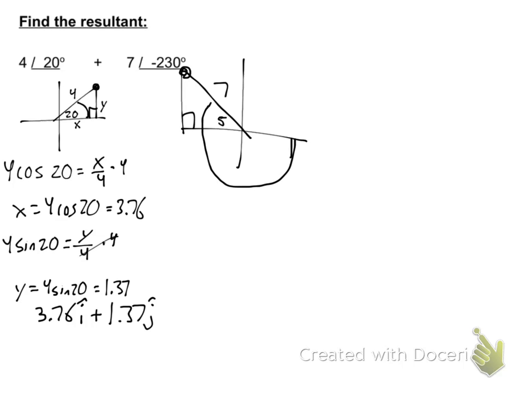Correct. 50. Because the reference angle's 50, and the cosine and sine of negative 230 has the same value as cosine and sine of 50. I'd rather use 50 than negative 230. Mr. Konchak, could I use negative 230? And the answer is yes.